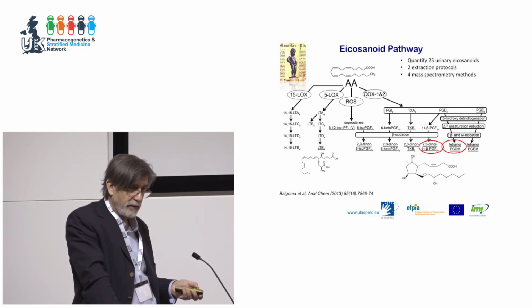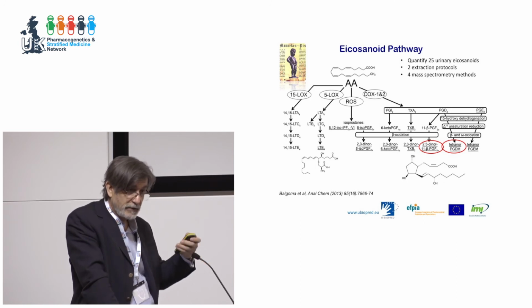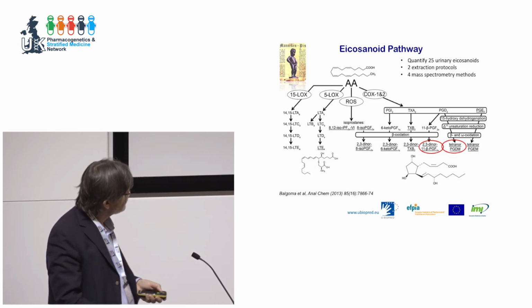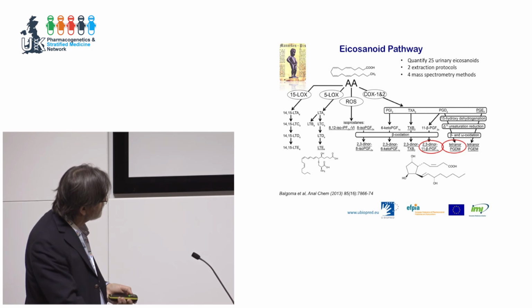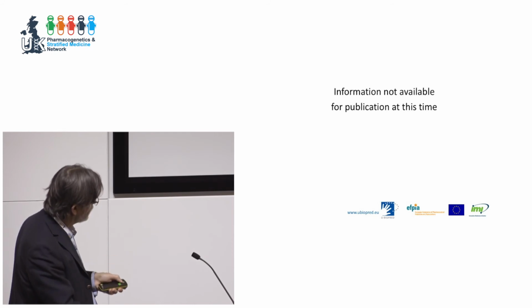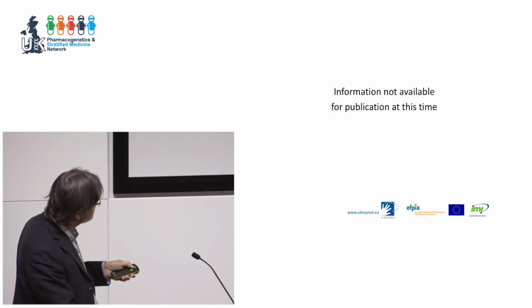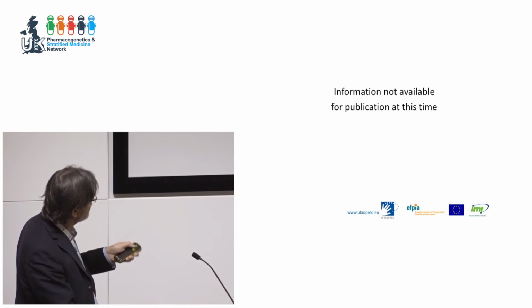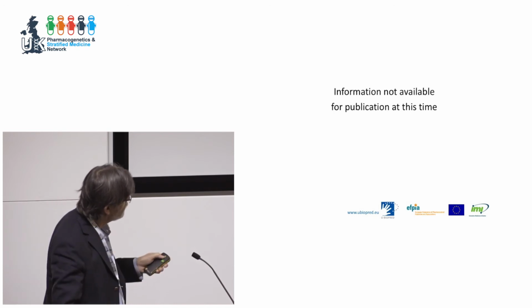Prostaglandin D2 is an attractant for type 2 lymphocytes, so CCR4 is its receptor. And when we looked at our UBIPRED cohort, severe asthma was characterized by raised levels of this prostaglandin D2 metabolite.